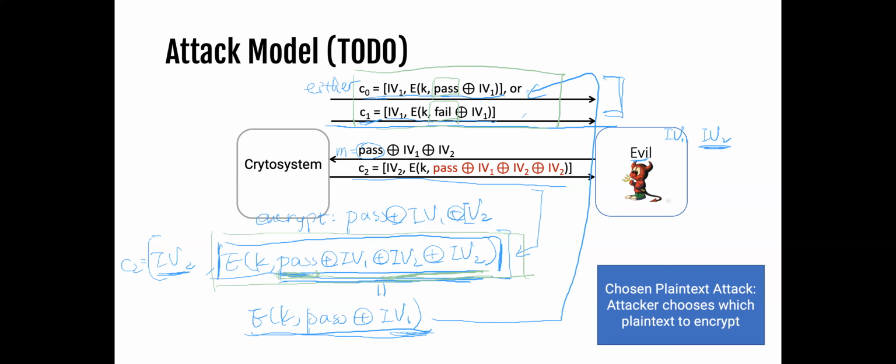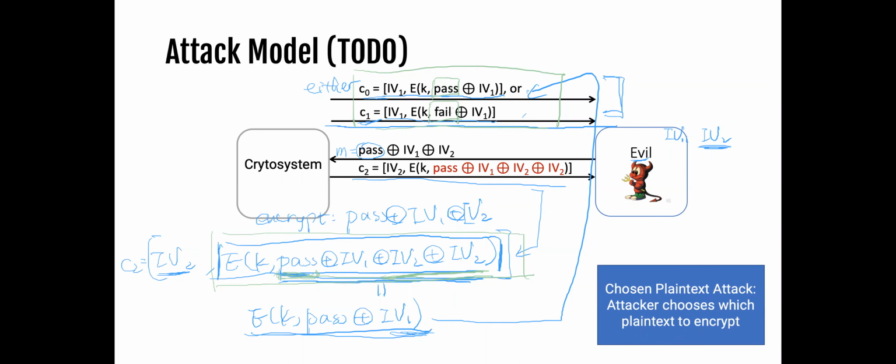So if there were more than two options, would this have been a lot harder? Or even possible? Let's say there are three options, so it can be pass, fail, or incomplete. Then what Evil has to do is ask the crypto system to encrypt two messages.